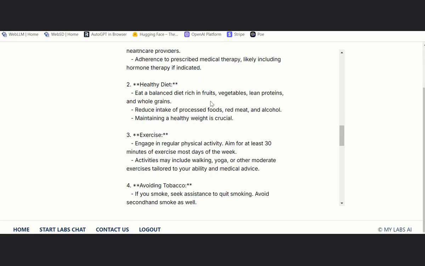Right? She could even ask this AI to suggest some meals for her, which I'll show you how that could be done. Reduce intake of processed foods, red meat, and alcohol. Maintain a healthy weight is crucial. This advice here, I could just tell you, reducing intake of processed foods, red meat, and alcohol, especially red meat. A number of persons would have told her, right?